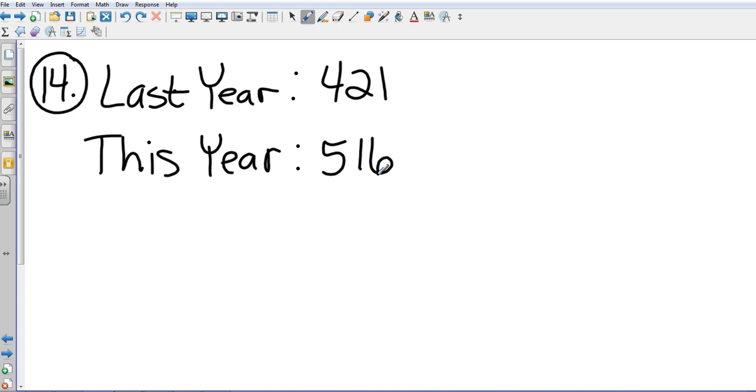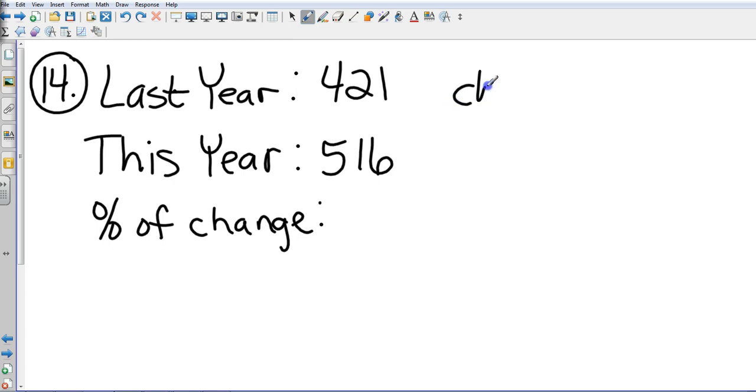Here we go. I want to know the percent of change. This is from chapter 2, section 7. Okay, so what is the formula? Mason, remember the formula? Wasn't it the change in between those over the original?